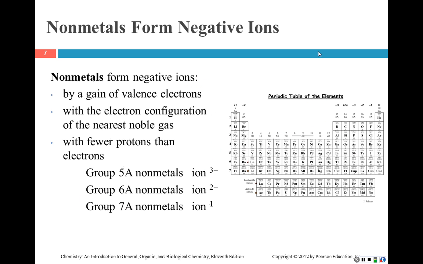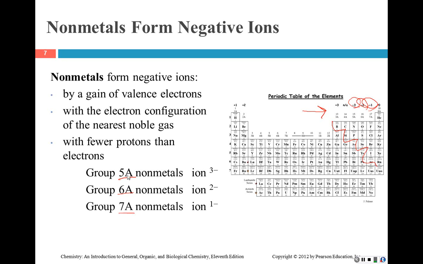So nonmetals, that is those elements that are over here to the right of that line, are going to form negative ions. And so that's where we get the -3, -2, -1 over here with groups 5A, 6A, 7A. And if you recall, those numbers tell you how many total valence electrons there are.